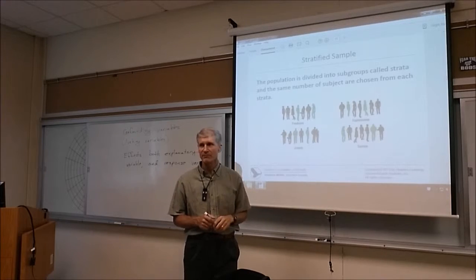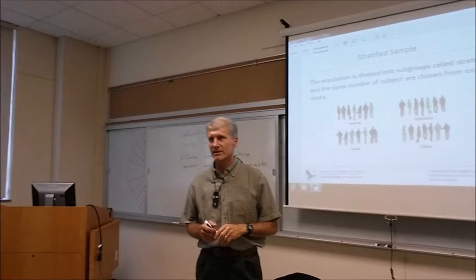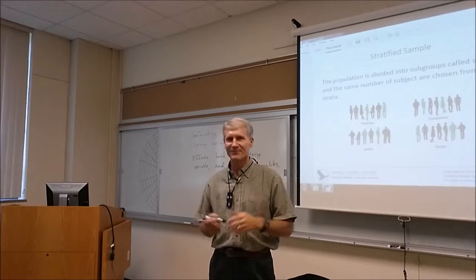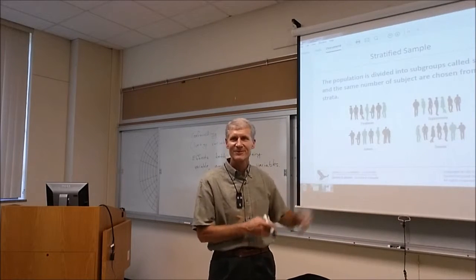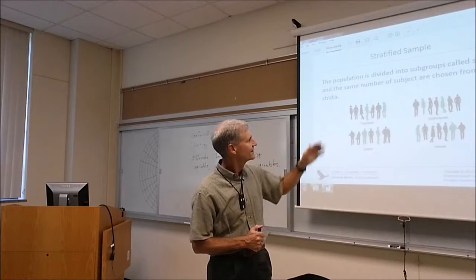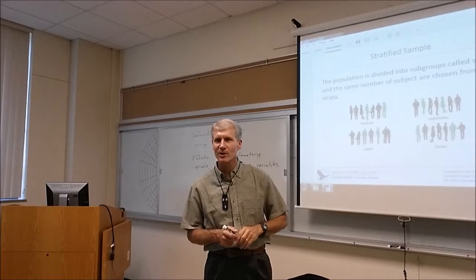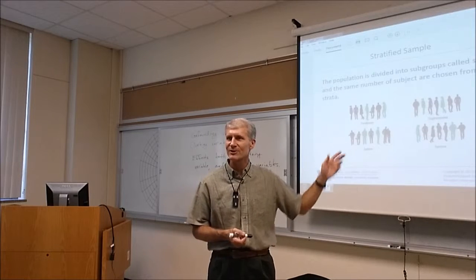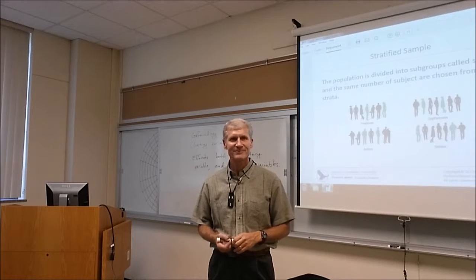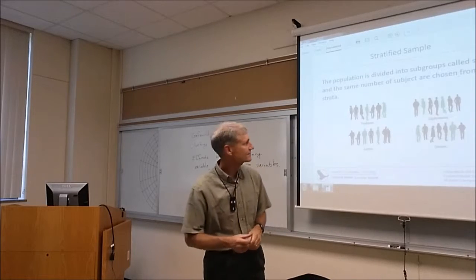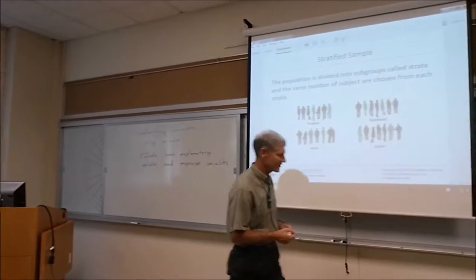So to get my sample of 50, that's not divisible by 4. Oh well. I'm going to take roughly, what's 48 divided by 4? 12. I'll take 12 from each of the strata and then add a couple, right? That's a stratified sample.